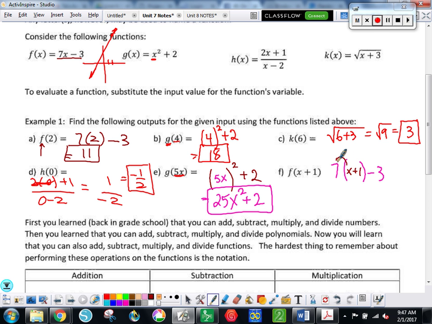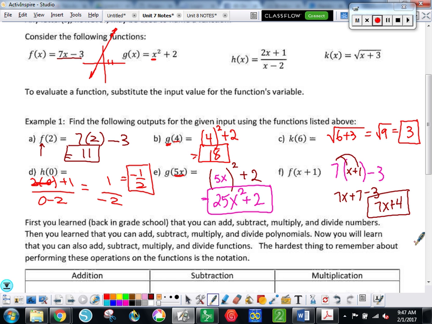Let's distribute. I've got 7x plus 7 minus 3 would be what? 7x minus 4? Plus 4? Point. So that was point. Good.